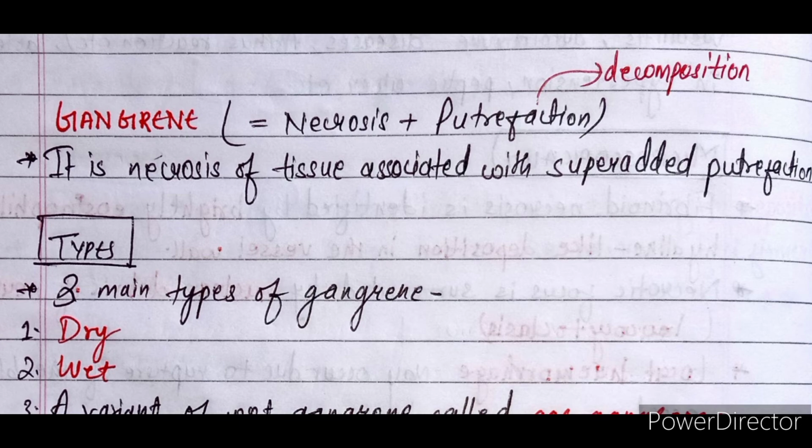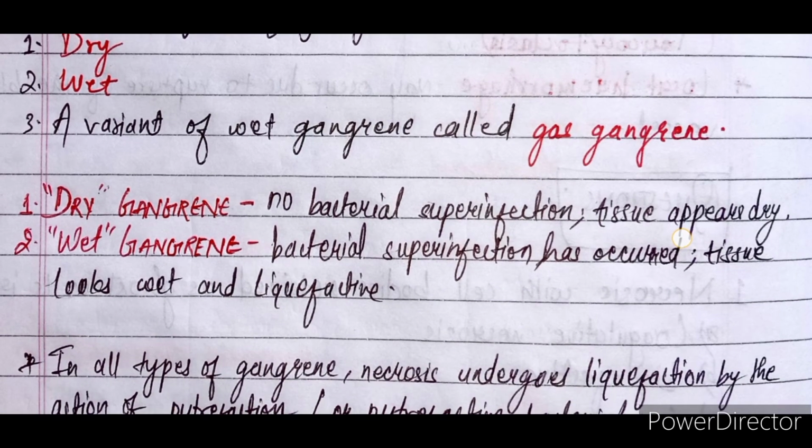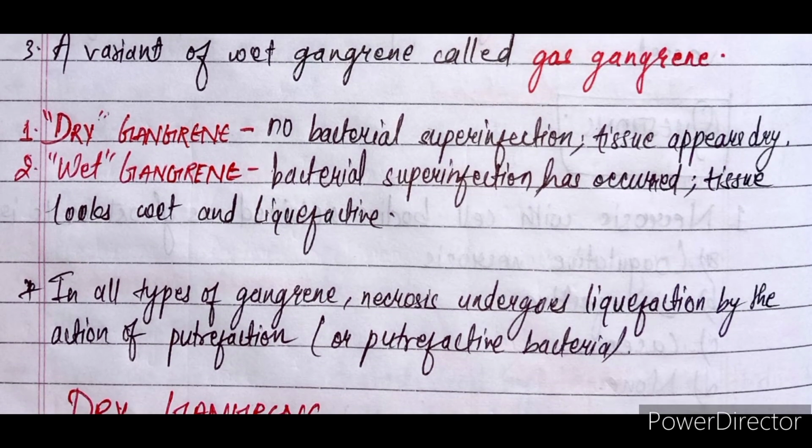Now let's see the types of gangrene. Basically there are two types of gangrene, that is dry and wet, and a variant of wet gangrene is known as gas gangrene. So there are altogether 3 types of gangrene. In dry gangrene there is no or few bacterial superinfection.